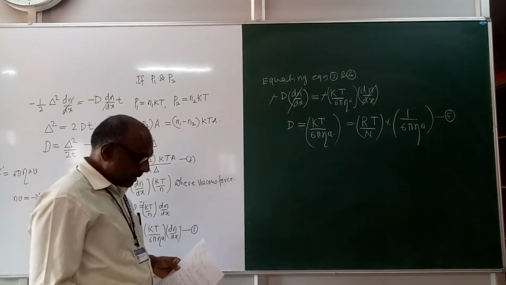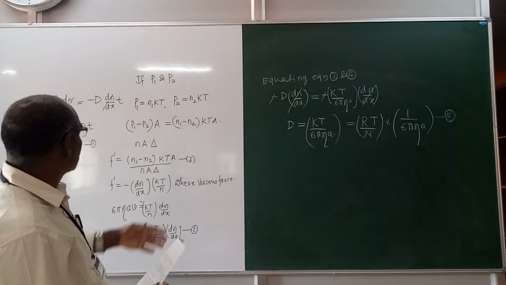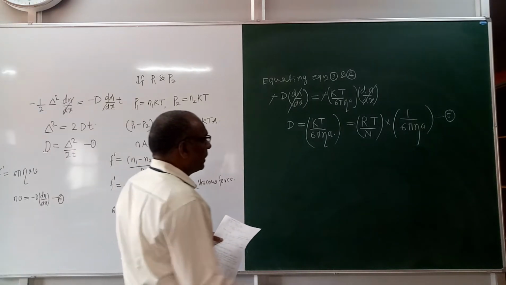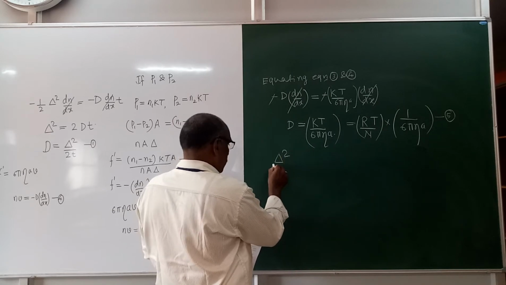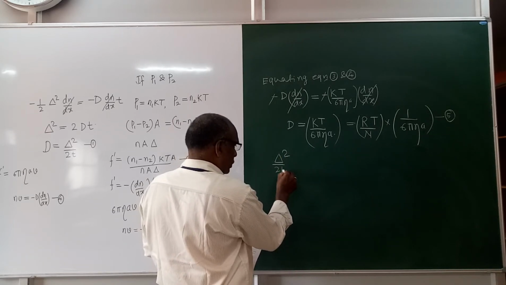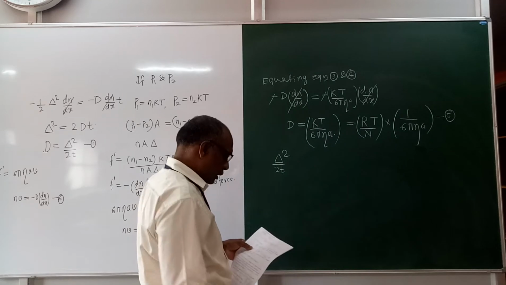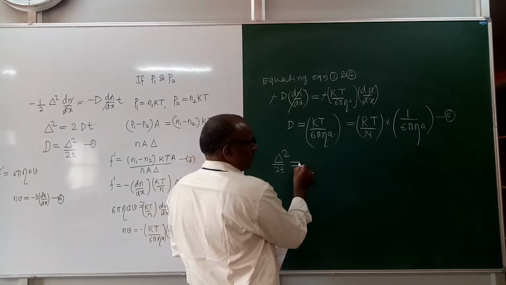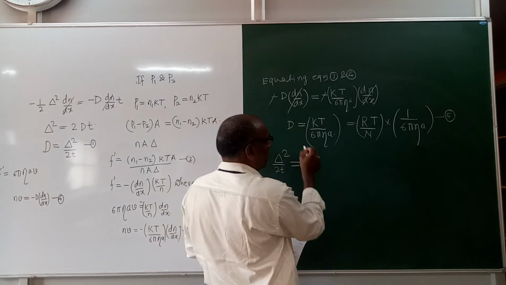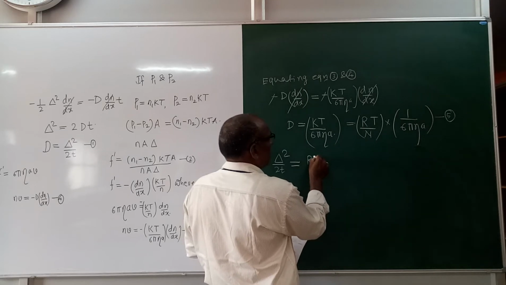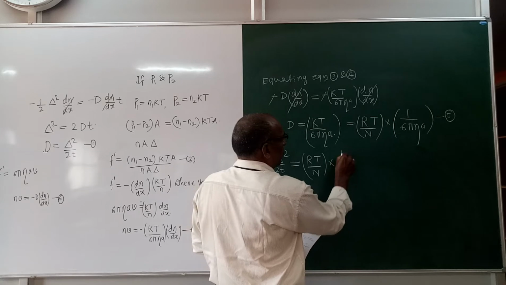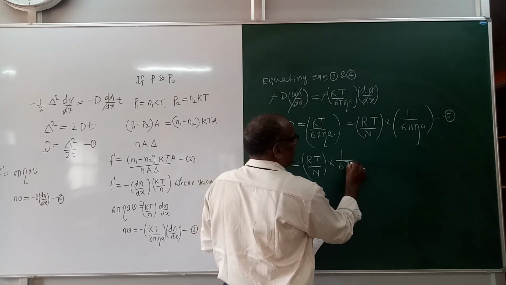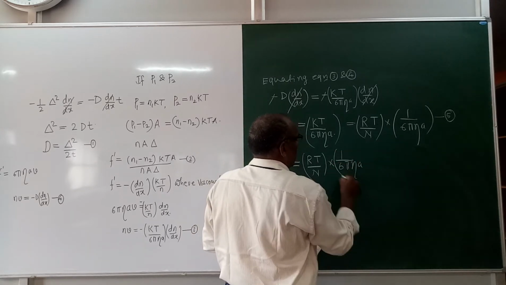From equation 1 and 5, go back and see equation 1 and 5. Equation 1 we have, that is del square upon 2t, which is equal to D, the coefficient of diffusion. That is, from equation 1 and 5 we have RT upon N into 1 over 6 pi eta into a.